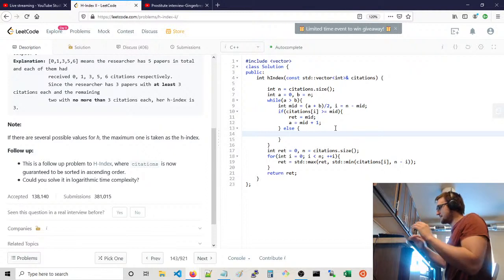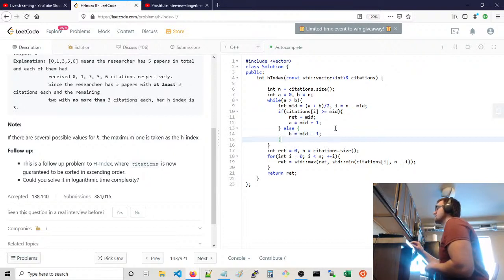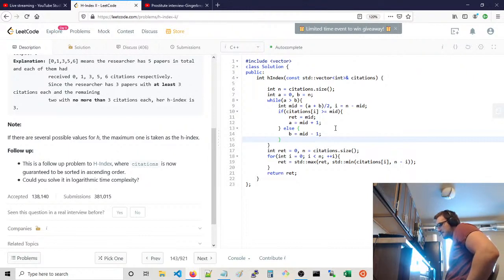We go to the left, and A doesn't change, but B becomes mid minus 1. Yeah, a little confusing. But if that value works, then we're going to continue going down the right side, update our point. If it doesn't work, we're going to go down the left side.